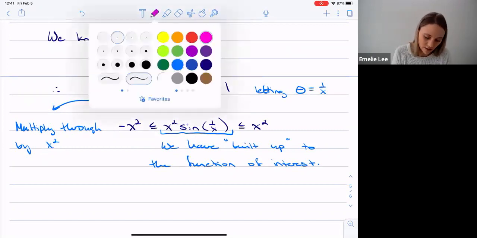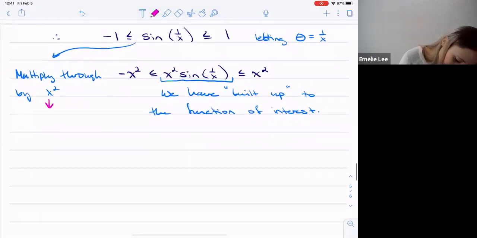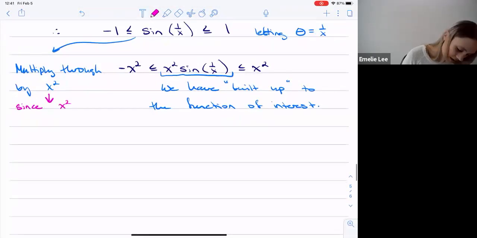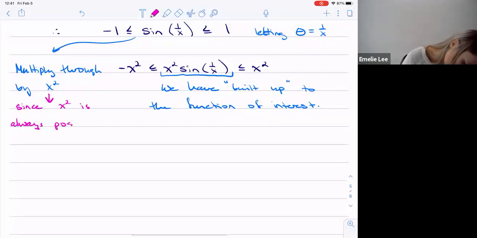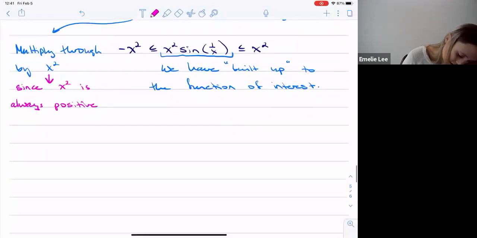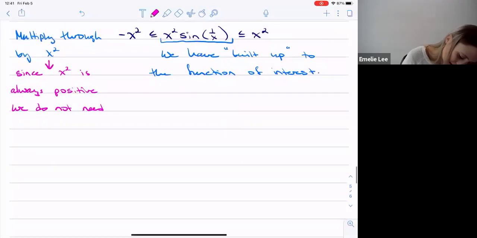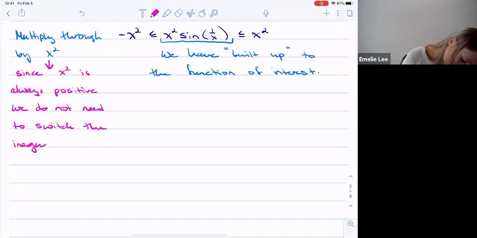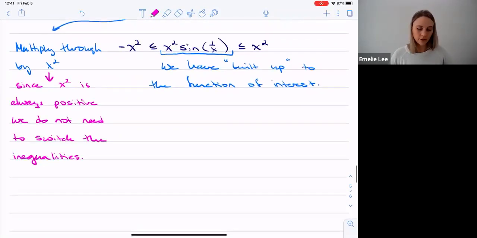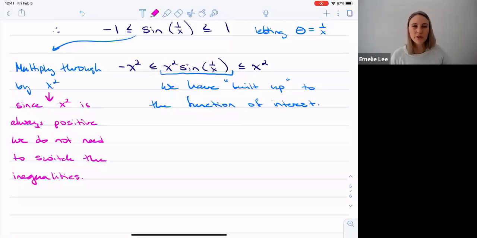So here I'll make a note: since x squared is always positive, we do not need to switch the inequalities. Just a note in case you're multiplying.